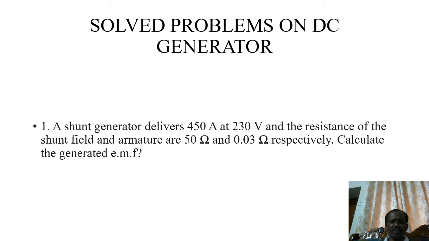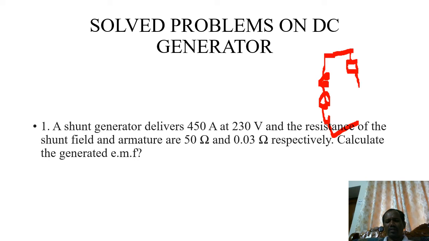All of you draw this shunt generator circuit diagram. Here you can see this is the shunt field winding, which is connected across the brushes. This is the armature.